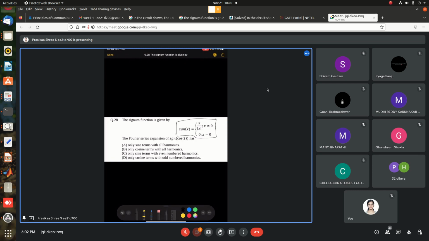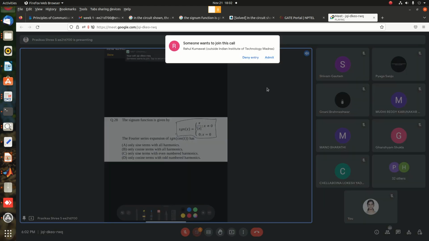Let me write it in a broader way: signum of x is equal to 1 when x is greater than 0, -1 when x is less than 0, and 0 when x is equal to 0.